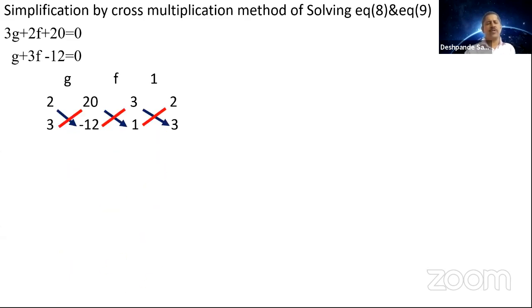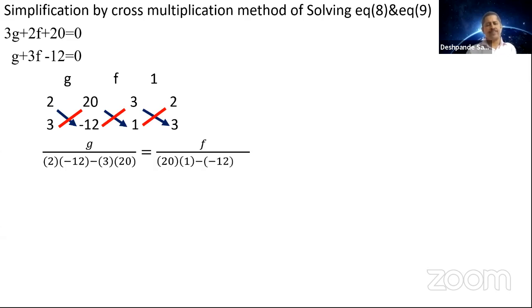So g divided by 2 into minus 12 minus 3 into 20 is equal to f divided by 20 into 1 minus 12 into 3 is equal to 1 divided by 3 into 3 minus 1 into 2.